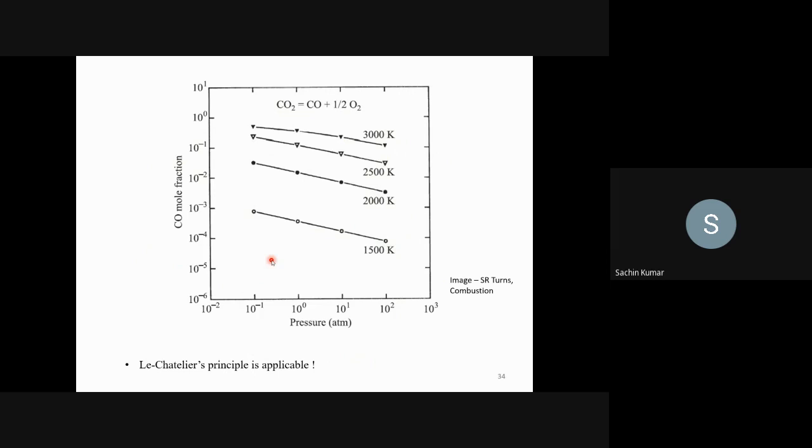We calculate the product and reactant ratio, and if it is greater than 1, the reaction moves forward, and like this. Okay, so what is the physics involved, or in simple terms, if I want to explain Le Chatelier's principle for equilibrium, what can I say?